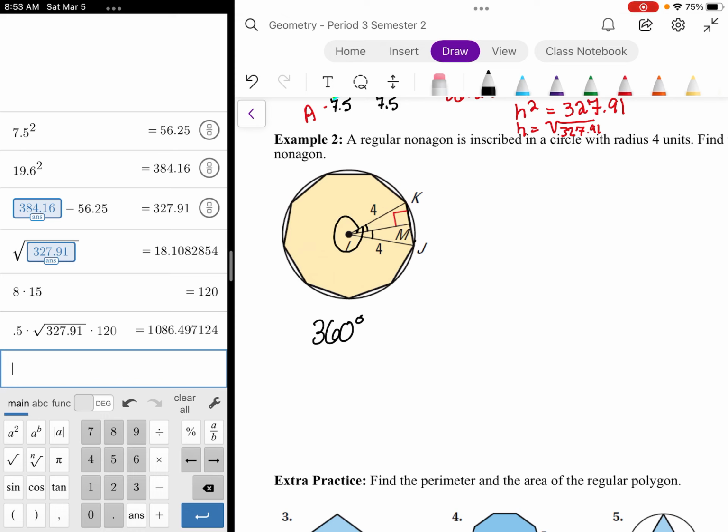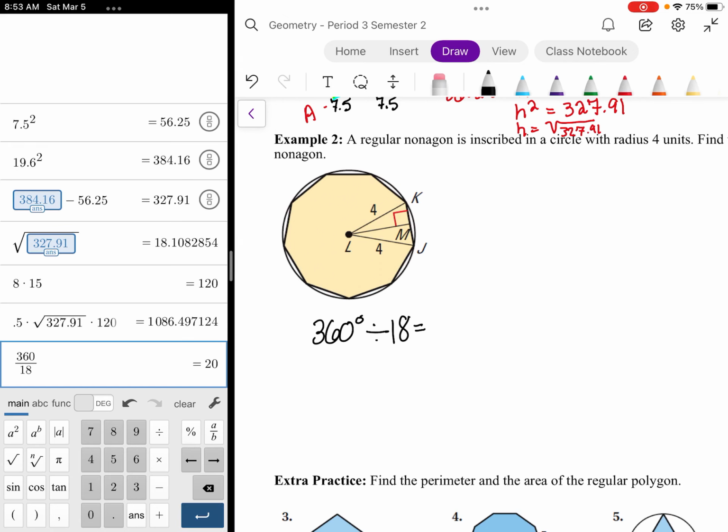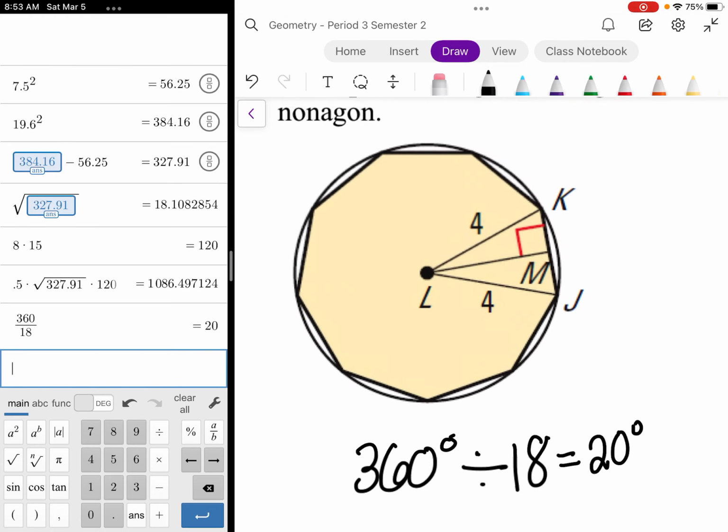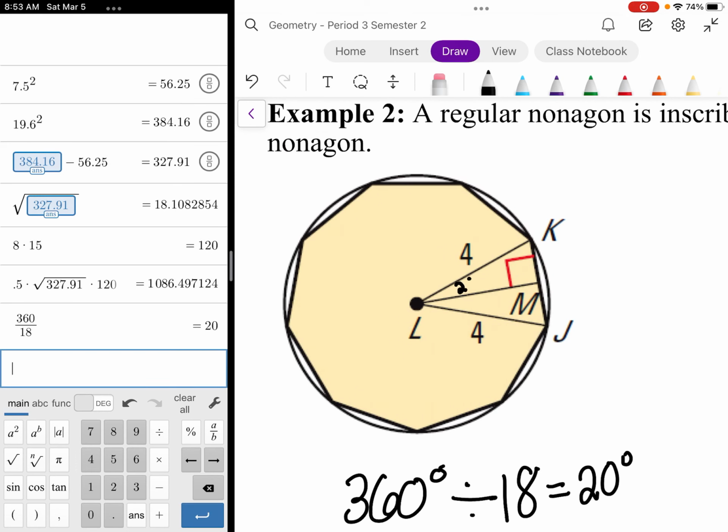So there would be 2, 4, 6, 8, 10, 12, 14, 16, 18 going all the way around. So to figure out what one of these smaller angles equals, we're going to take 360 degrees divided by 18, because there are 18 equal triangles that we can form. And by doing that, we are going to get 20 degrees. So that means in this triangle, this angle is 20 degrees.